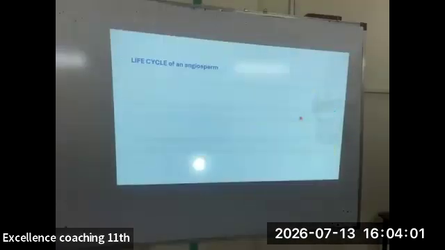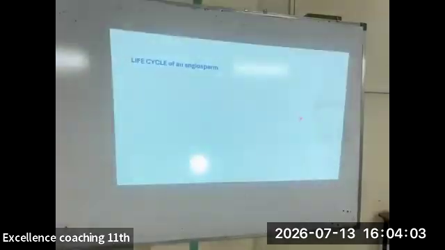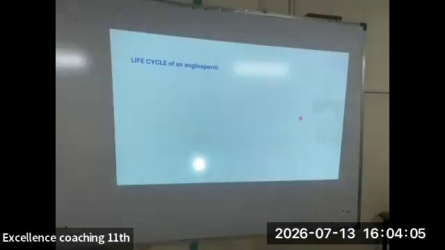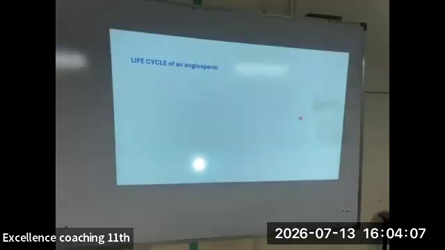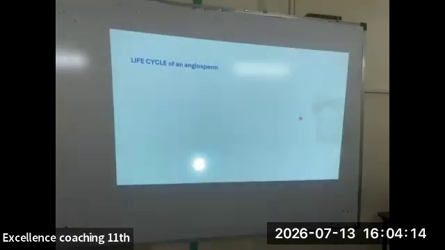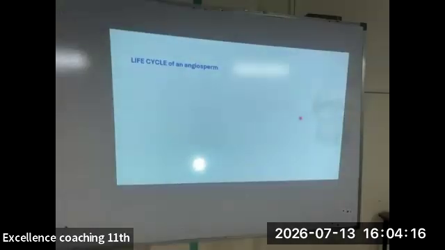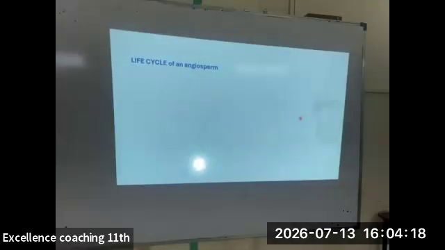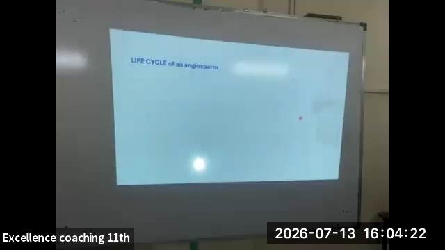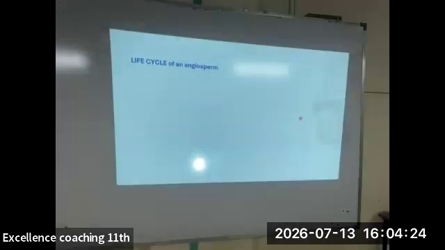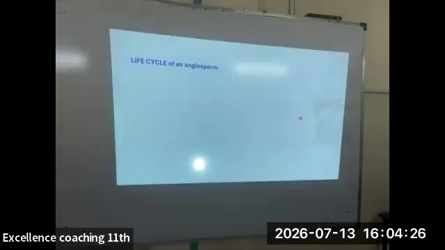The last part is about the life cycle of an angiosperm, which you have in your text. Just go through this life cycle, which was already explained while explaining the whole process, and see if you are understanding it.